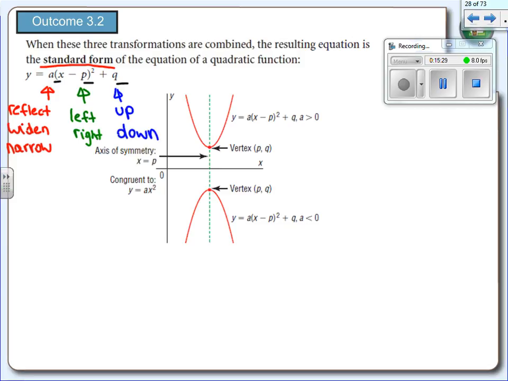Now, something neat about this form, standard form, is that it is also called vertex form. The reason it's called vertex form is that the p-value and the q-value tell you where your vertex has moved to. If you look back at your slides where A was doing all that flipping, you'll notice that the vertex never moved.